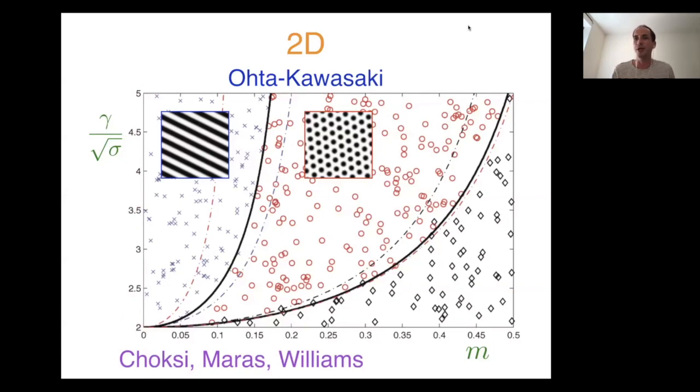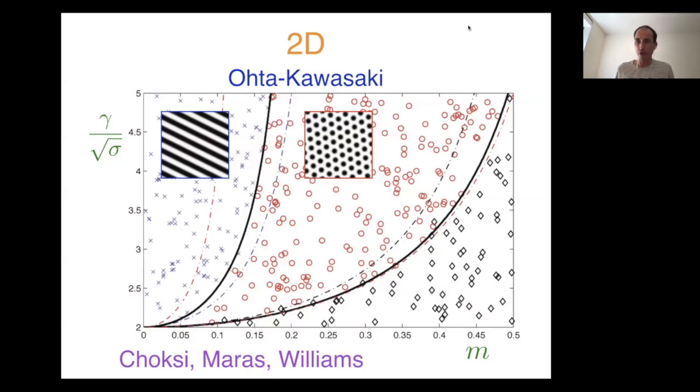But everything below 2 is not very interesting because nothing happens there. The only equilibrium is the uniform state where u is equal to m. So completely well mixed, no patterns at all. That's why it's not shown in the picture.